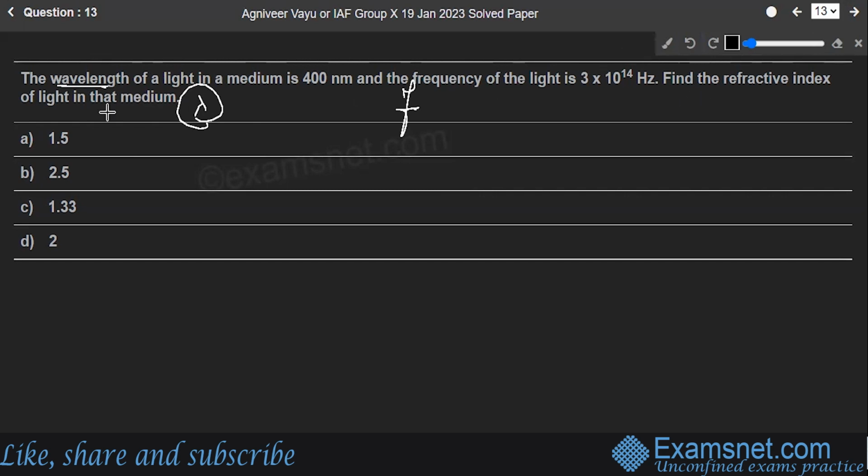Now, we have to find out the refractive index of light in that medium. See, what is the refractive index?